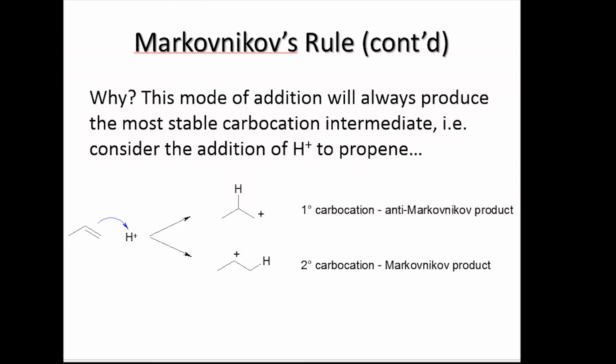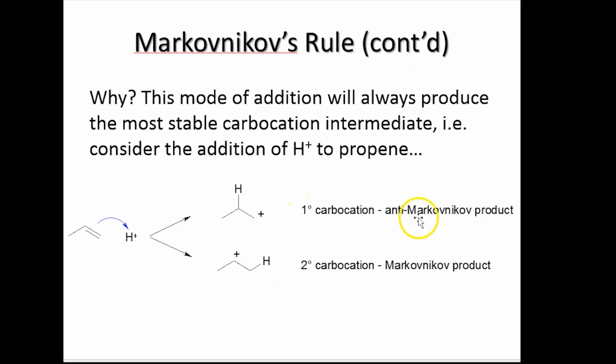So let's look at this. This is propene, 1, 2, 3 carbons with a double bond. So the electrophile is H+. The double bond, the pi electrons, will create a bond with that H+. And depending on which end opens up, we can form a species with the H on the second carbon, or we can form a species with the H on the first carbon.